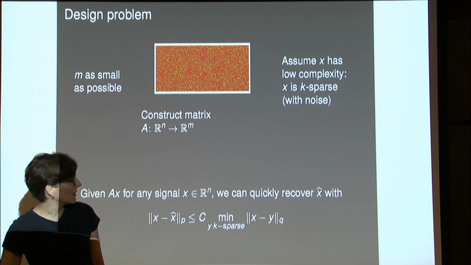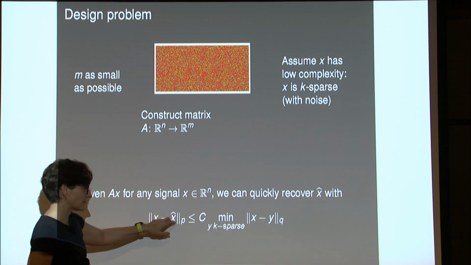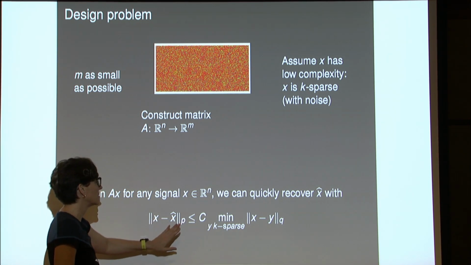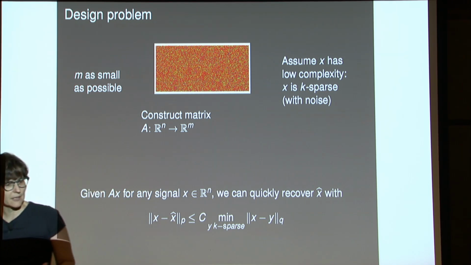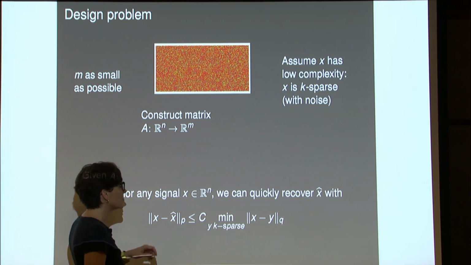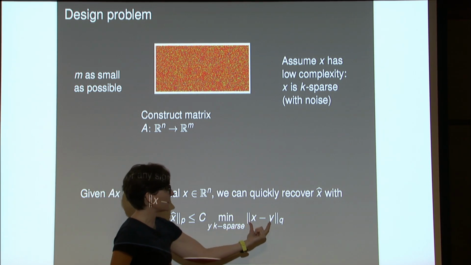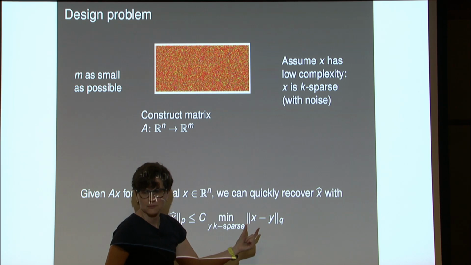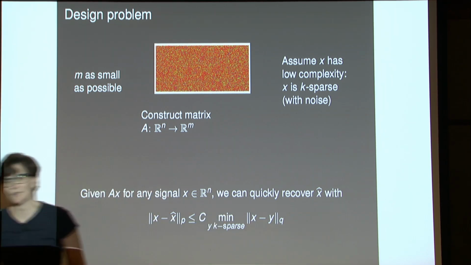What kind of output are we interested in? Well, we'd like our estimate of the vector x to be close in some Lp norm. I'm not going to specify p quite yet. How close? We would like this error to be no more than some constant times the error of the best k-term representation of x in the Lq norm. That's what that means. Take the minimum over all y that are k-sparse.